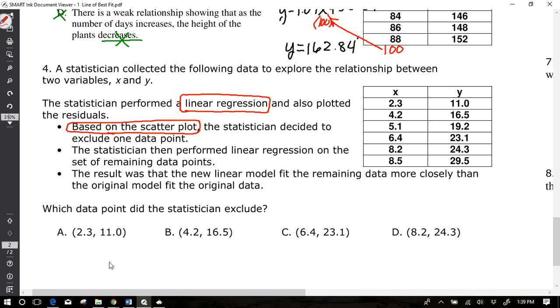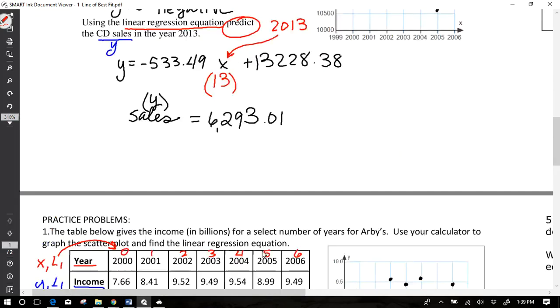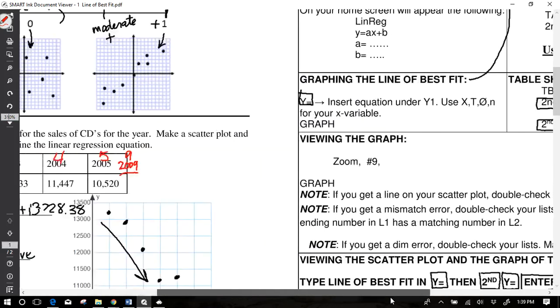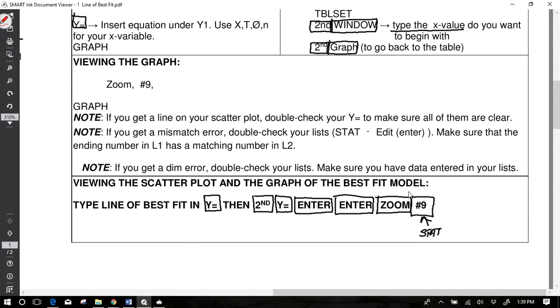I'm going to teach you how to do a scatter plot in your calculator. If you look on the back side of your paper, the steps for doing that are on the right-hand side here at the bottom. How do we view the scatter plot and the graph of the linear best fit model? First, we have to type the line of best fit into y equals.